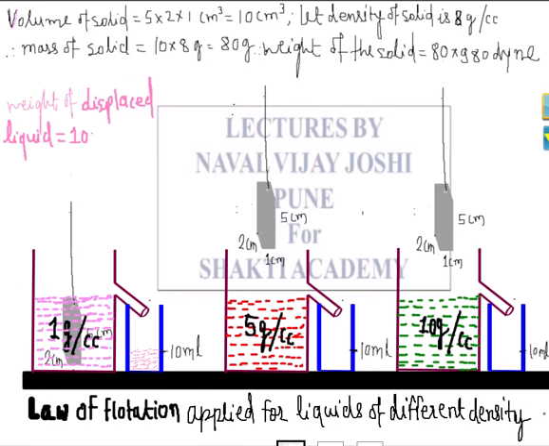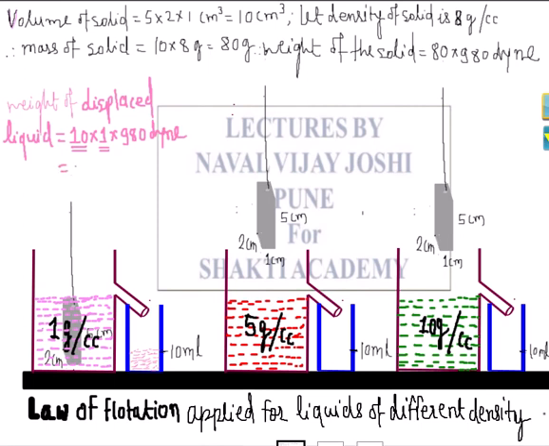So here 10 multiplied by 1 multiplied by 980. This is the volume, and this is the density of the displaced liquid. So volume into density gives the mass, multiplied by 980, the factor I told you in order to find out the weight, and this weight would be in dyne because we are using the CGS system.